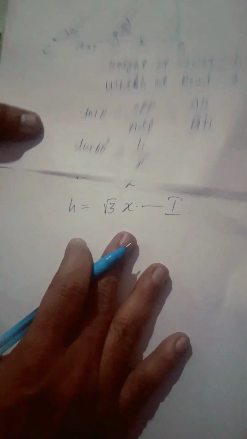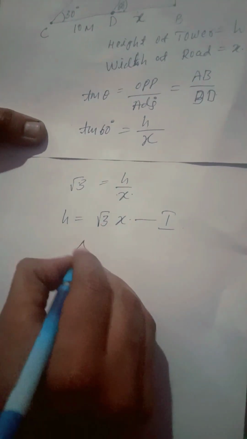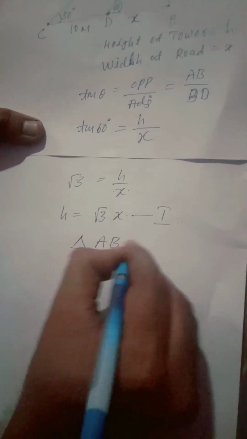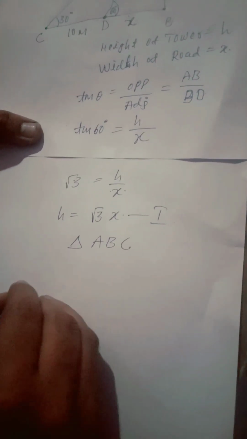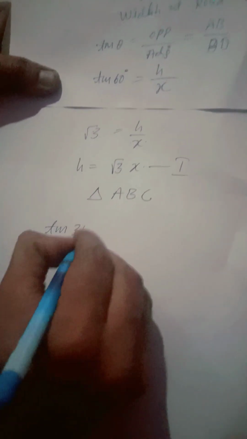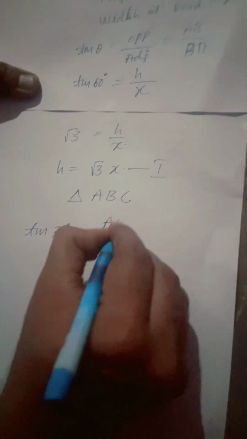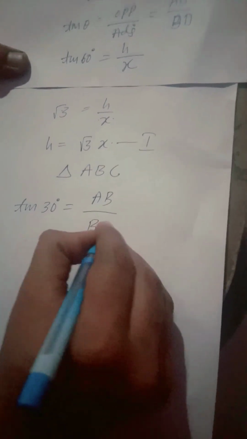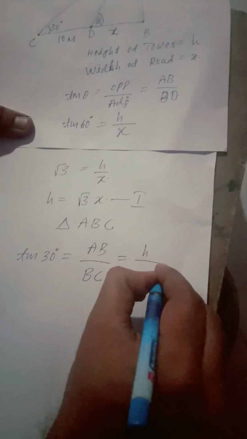Next, triangle ABC. Tan 30 is equal to opposite AB by adjacent BC. AB is equal to height h.